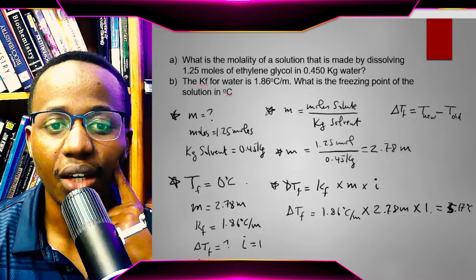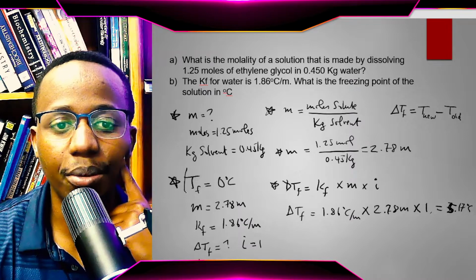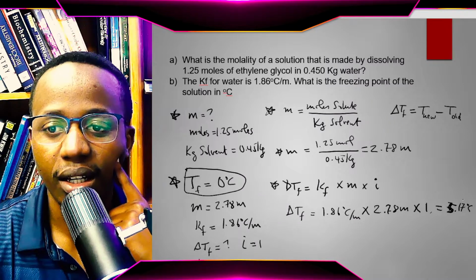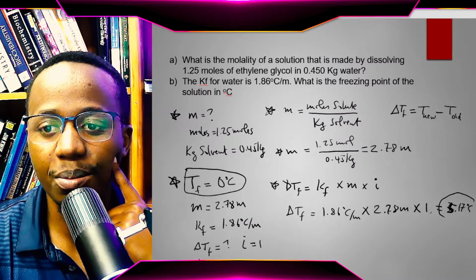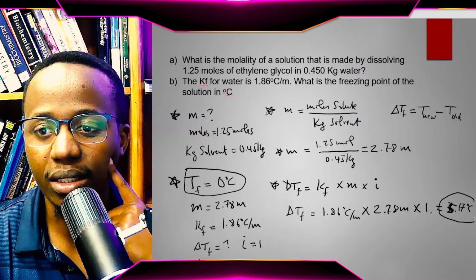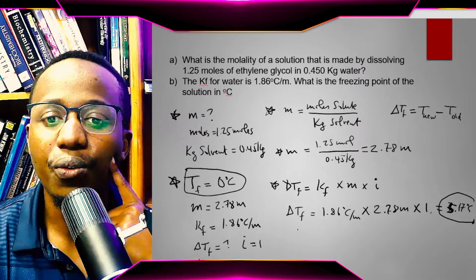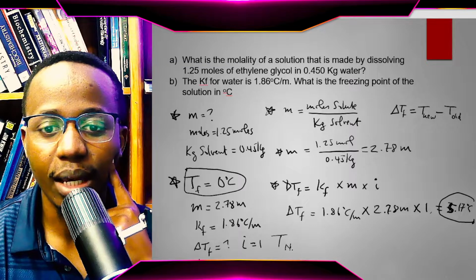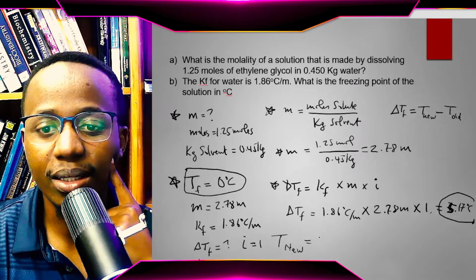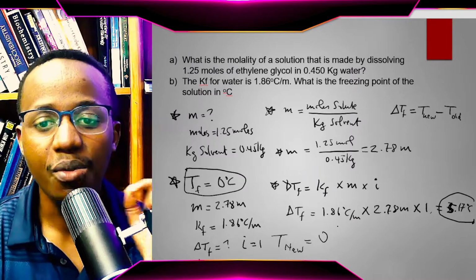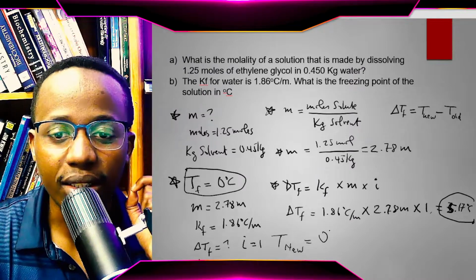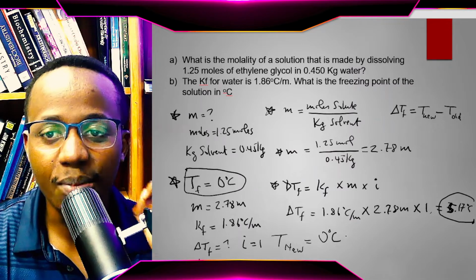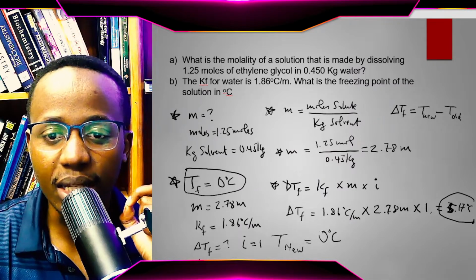It tells us that if the original freezing point is 0 degrees Celsius and the change is 5.17 degrees Celsius, right? To find the new temperature, we're going to take the 0 degrees Celsius, because remember, the freezing temperature gets lower.